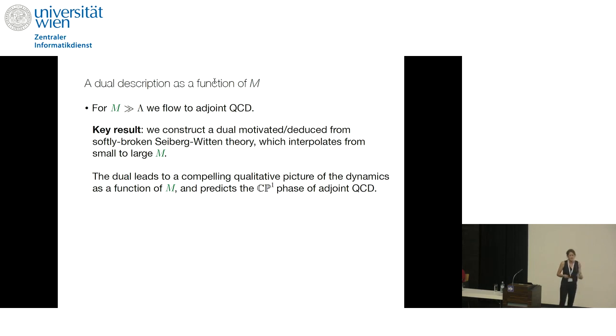Instead, one of our key results that I'm going to tell you about is that we're able to construct a dual description of the physics that's valid, or we argue is valid, for this regime, that is deduced from softly broken Seiberg-Witten theory, and which interpolates between this small M, reliable regime, and the large M regime, which makes contact with adjoint QCD. And this dual description is going to lead to a compelling qualitative picture of the dynamics as a function of M, and ultimately, one of the punchlines is it will predict the CP^1 phase of adjoint QCD.